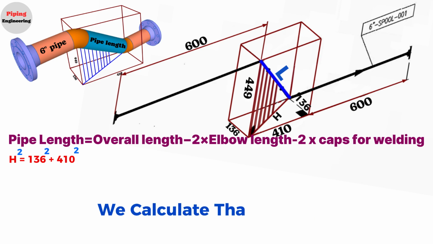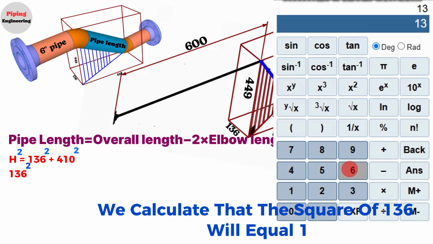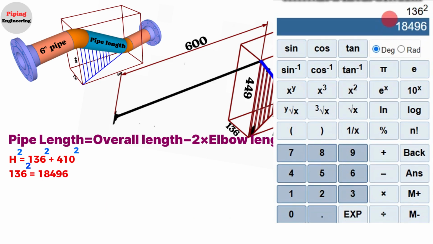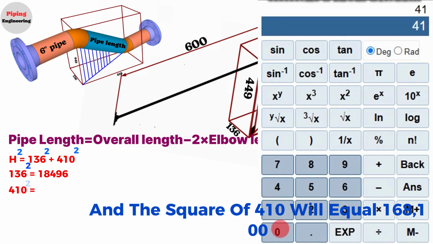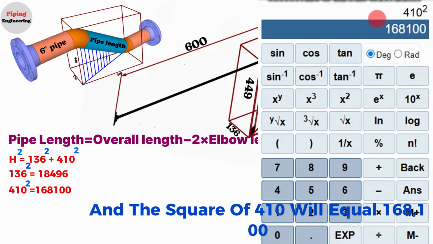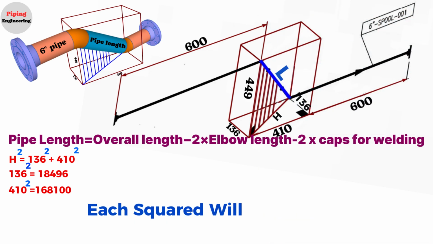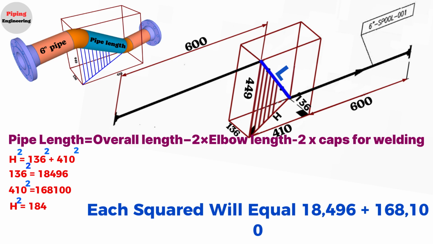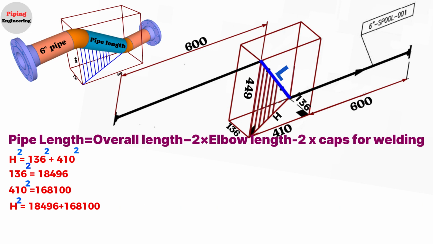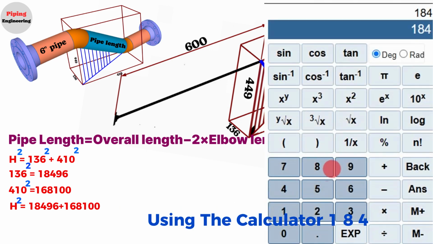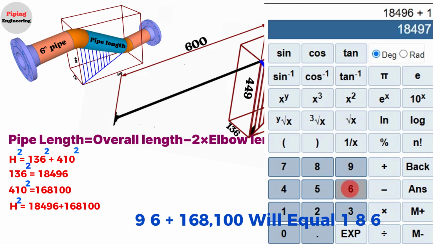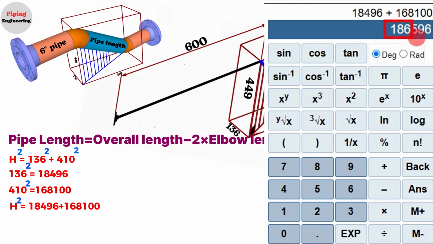Using a calculator, we calculate that the square of 136 will equal 18,496, and the square of 410 will equal 168,100. So, we continue to calculate that h squared will equal 18,496 plus 168,100. Using the calculator, 18,496 plus 168,100 will equal 186,596.